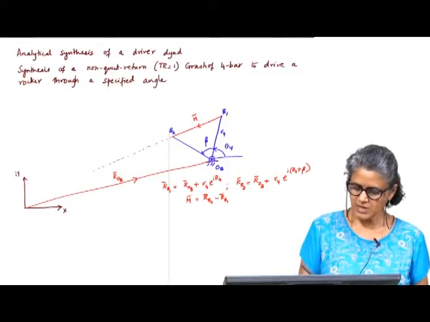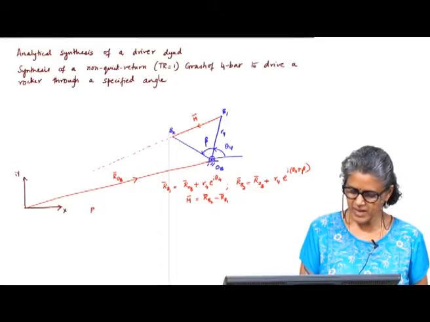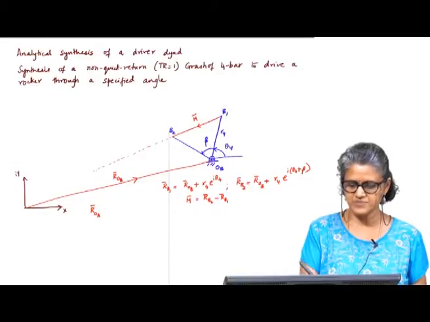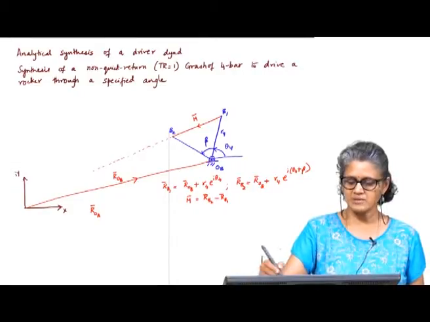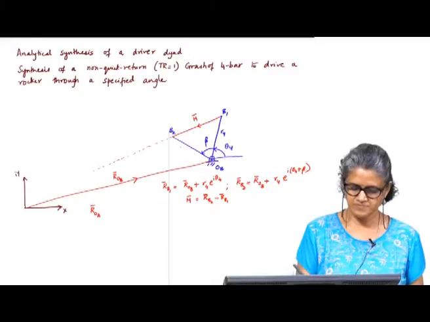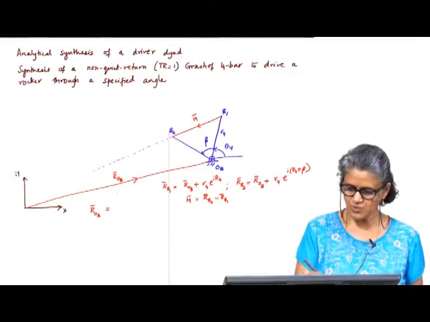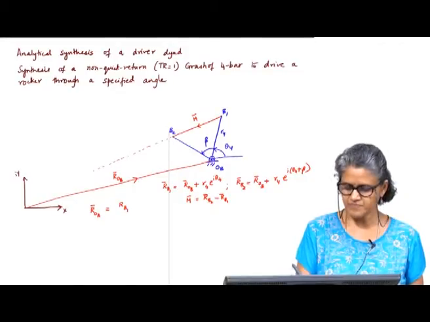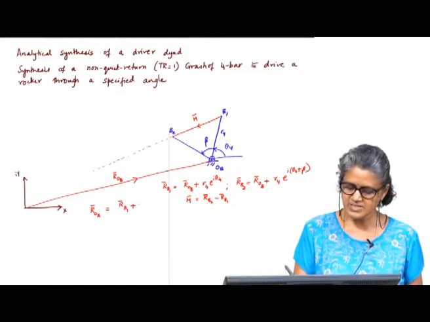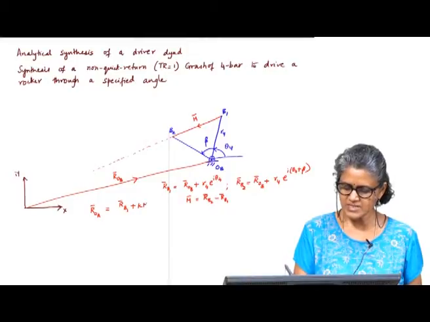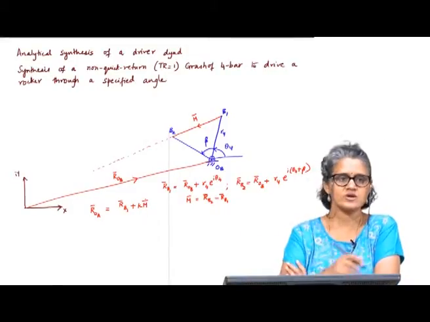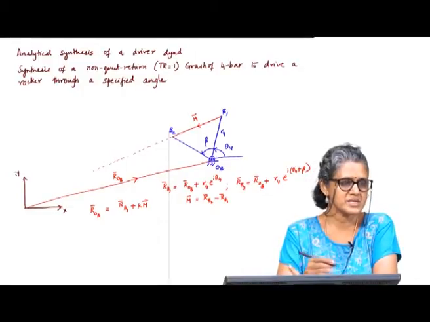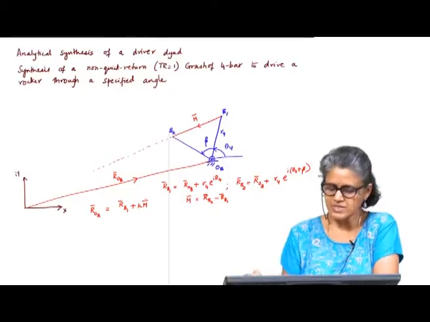Now I can say my OA will be located somewhere on this line, so I can write ROA as RB1 or RB2 plus some constant K times M somewhere along that line, and I can choose that constant typically around 2 to 3 times.